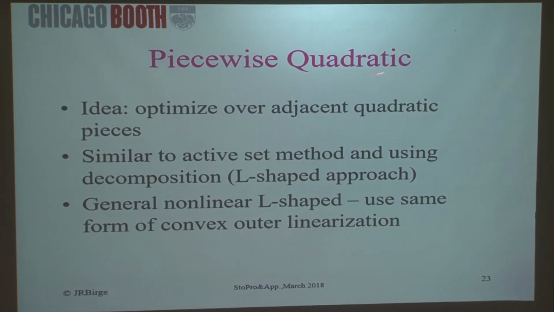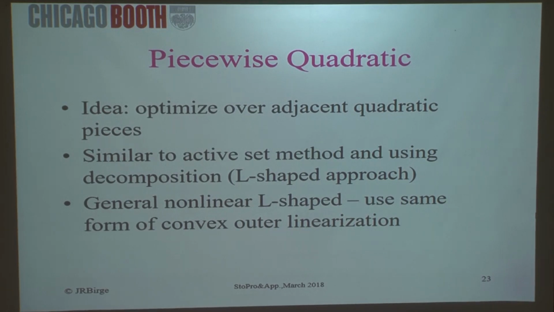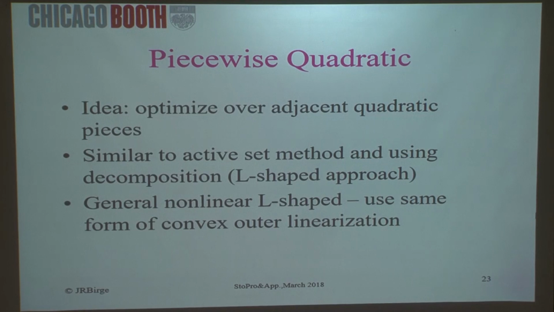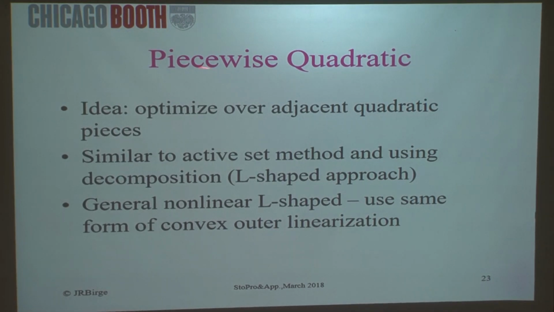There are also methods that you can apply this to. Actually, you can apply this for any convex program, but you could also apply it when you have piecewise quadratic programs. And piecewise quadratic programs can fit lots and lots of different things.